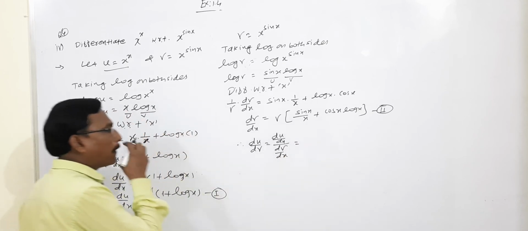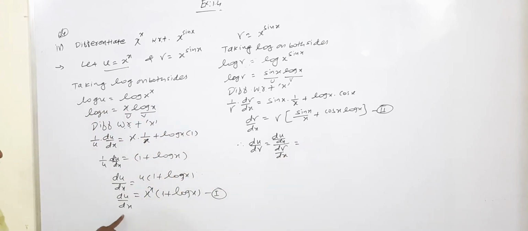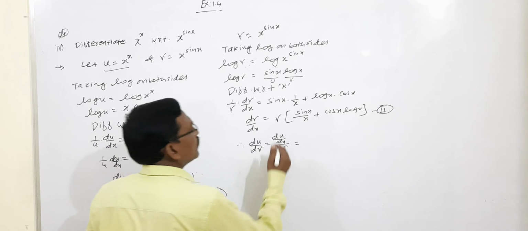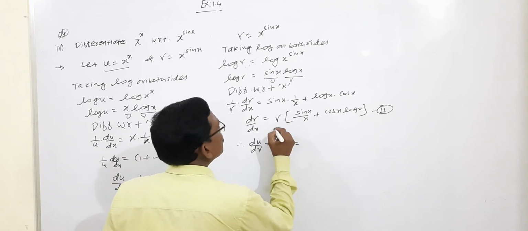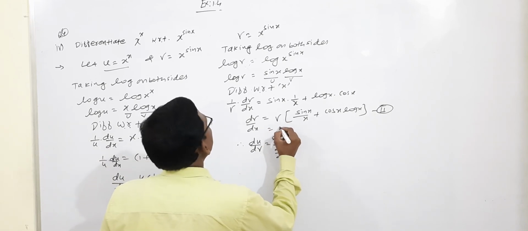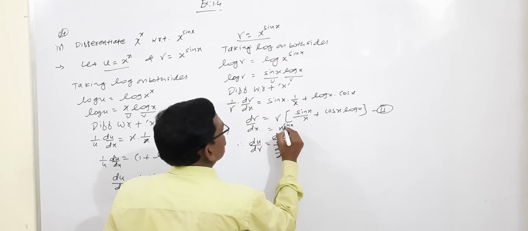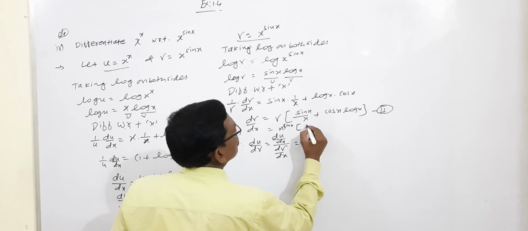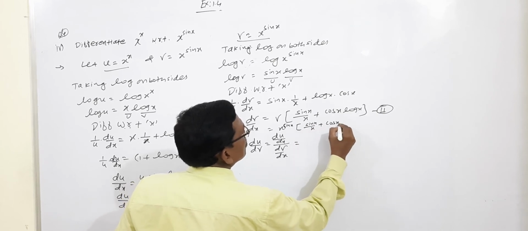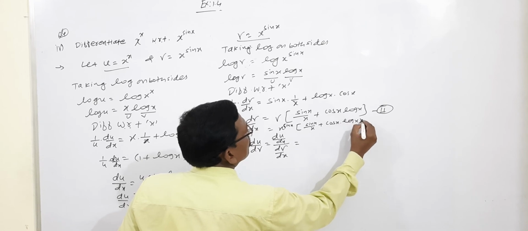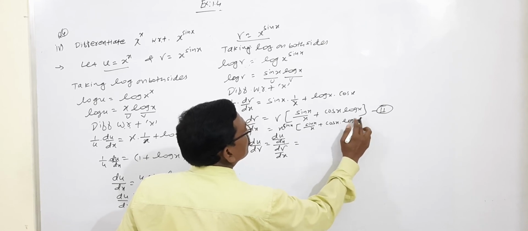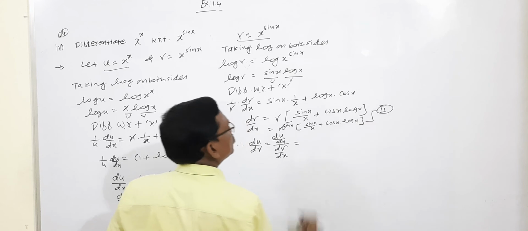From equation 1, du by dx is written here, and the value of v is x to the power sin x, and this bracket sin x divided by x plus cos x into log x as it is.